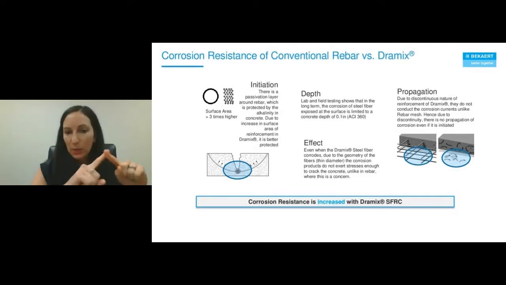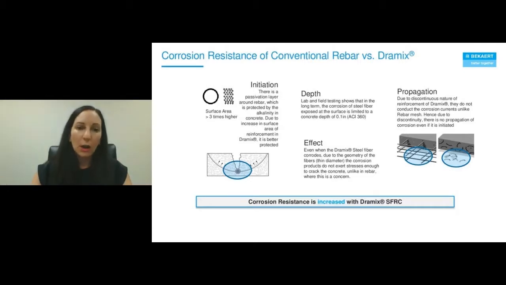So if it happens to be touching its neighbor, maybe the next one will, but generally speaking, there is not going to be a widespread propagation of corrosion through your system. Additionally, because of the excellent durability and crack control, you're not going to have entry of those corrosive agents into your slab. And even if the fiber does corrode, it's not big enough to exert enough pressure to cause any damage, right?